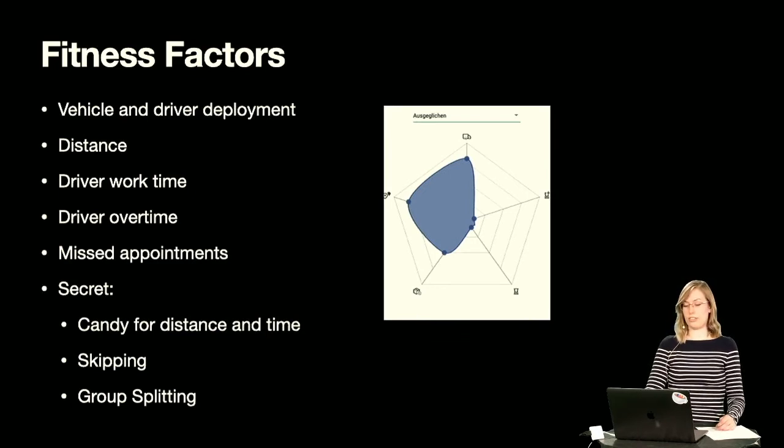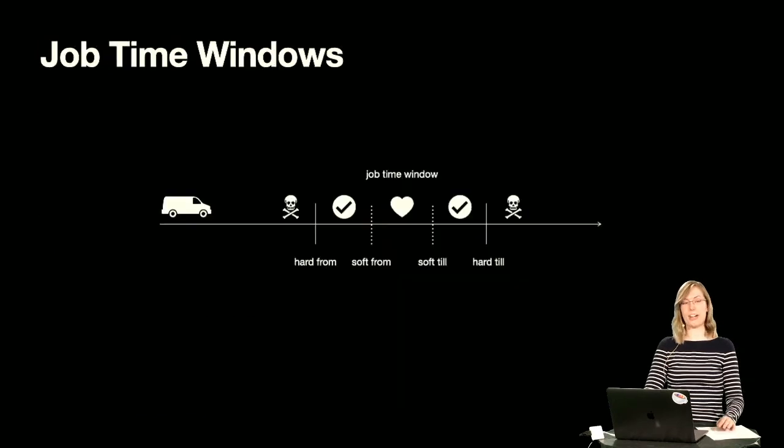And for the time windows, I just want to shortly explain why it is kind of difficult to consider them, because we have a system. Say for a job time window, we have hard from and hard till, and they say, okay, before the hard from and after the hard till, this job is not possible. If you do the job in this time frame, this solution is not valid.